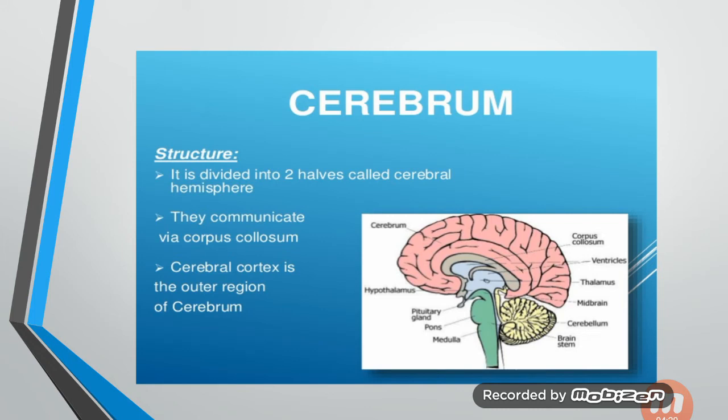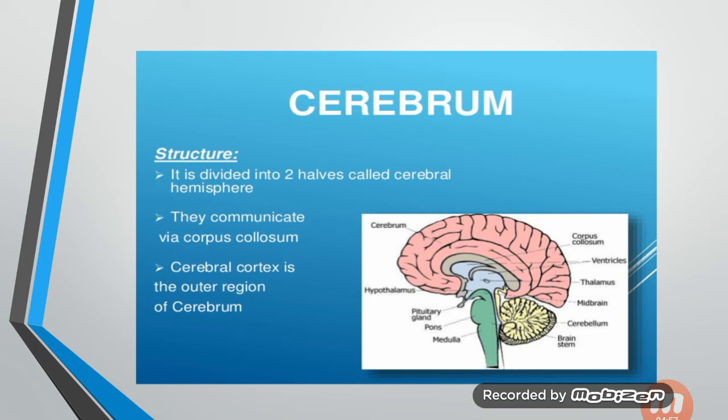First of all, cerebrum is the major part of your forebrain, and it is divided up into two halves which are called the cerebral hemispheres. They are connected to one another through a membrane called the corpus callosum.